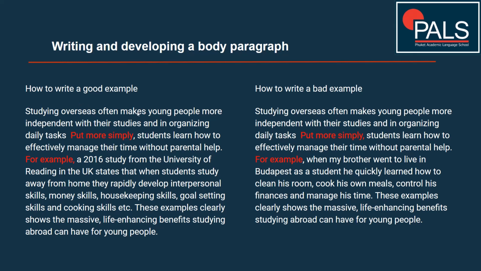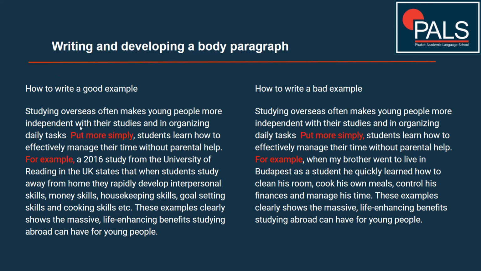Put more simply, students learn how to effectively manage their time without parental help. For example, a 2016 study from the University of Reading in the UK states that when students study away from home, they rapidly develop interpersonal skills, money skills, housekeeping skills, goal-setting skills, and cooking skills, etc. These examples clearly show the massive life-enhancing benefits studying abroad can have for young people.